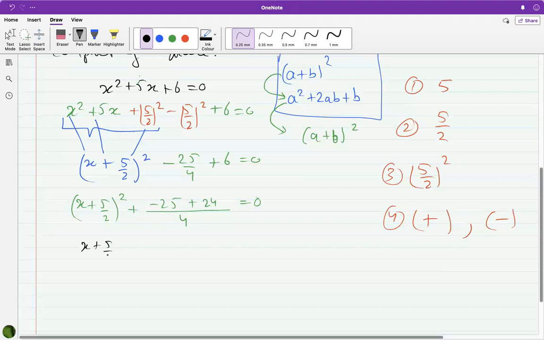This turns out x plus 5 by 2 whole squared minus 1 by 4 equals to 0. Now the next step is to find x.